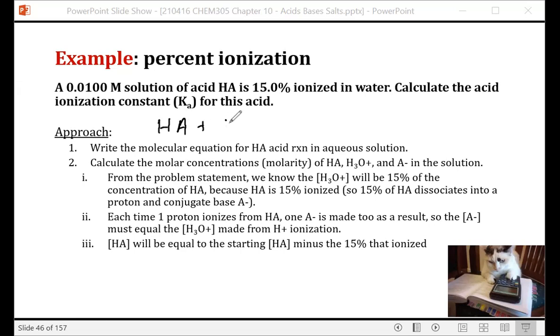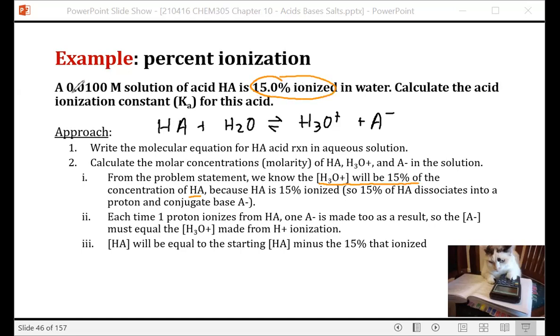HA plus H2O, H3O plus, A minus. So from the problem statement, we know that the concentration of H3O plus is going to be 15% of the concentration of HA because it's 15% ionized.